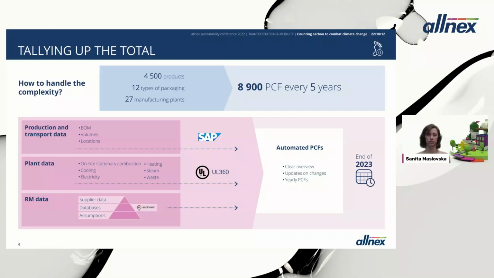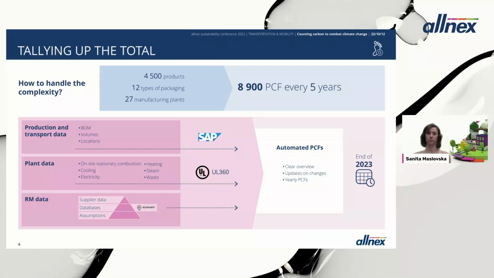So that's bills of material, volumes, and the locations between which things are being shipped. Then it takes also plant data, which we now keep in UL 360. And these are energy consumptions on the site, and then the different emission factors for each energy type, and also how much waste we've created, and so on. Then the tool would also, of course, take the supplier data, well, the raw material data that we would have gathered.